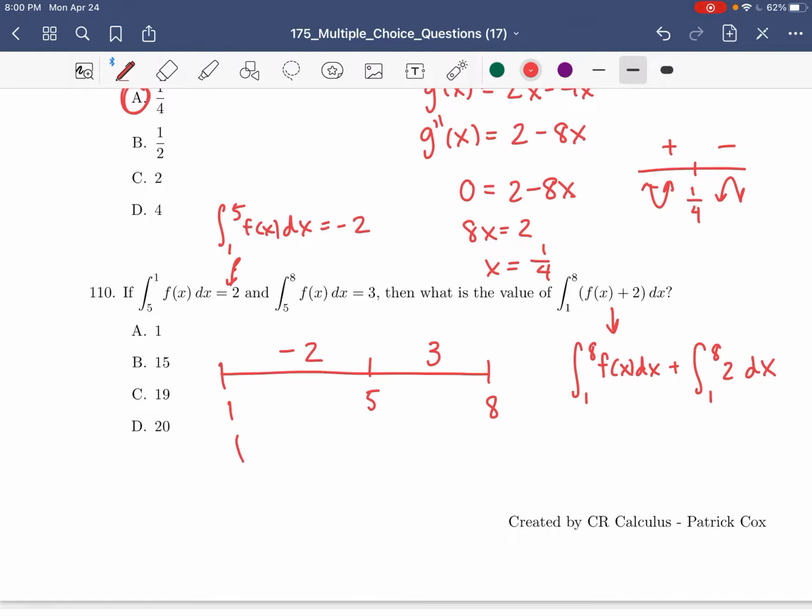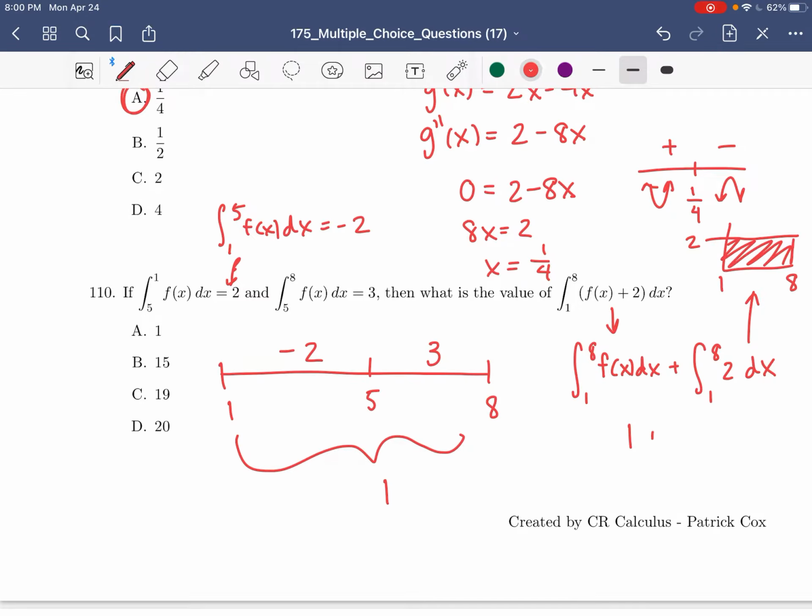So from 1 to 5 is -2. From 5 to 8 is 3. That makes the entire thing equal to 1. So this equals 1, but now I have to think about this one here. So it's going from 1 to 8, and our function is 2.